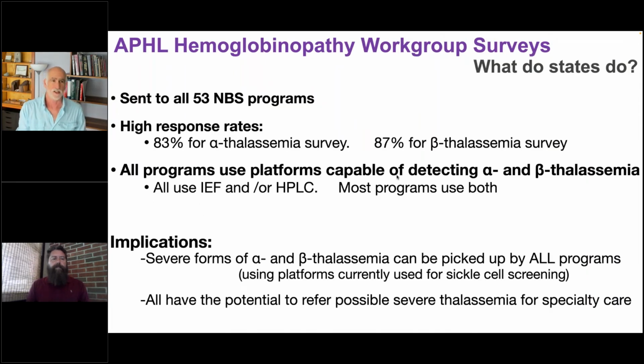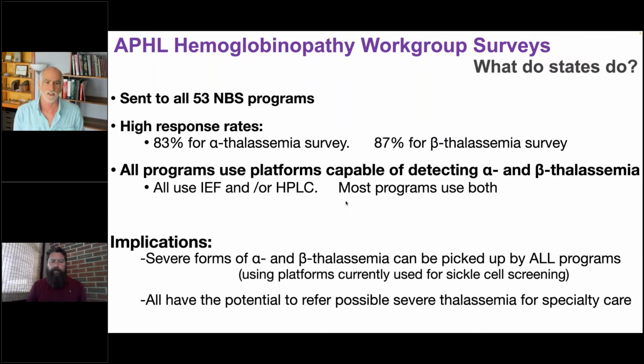The Association of Public Health Laboratories hemoglobinopathy group wondered, what do various states do? So they did several surveys, sent them out to all US newborn screening programs, and got very high response rates of 80 to 90%. And as Patrick mentioned, all programs used isoelectric focusing or HPLC, platforms that are capable of detecting severe alpha and beta thalassemias.